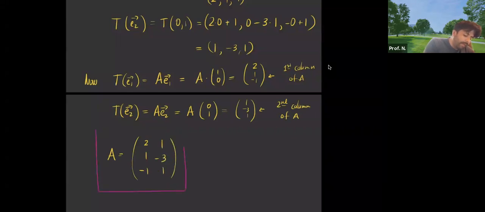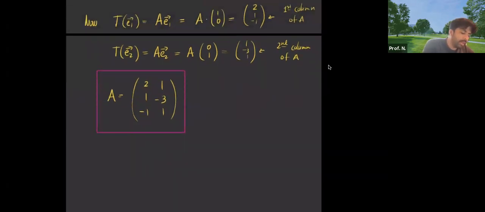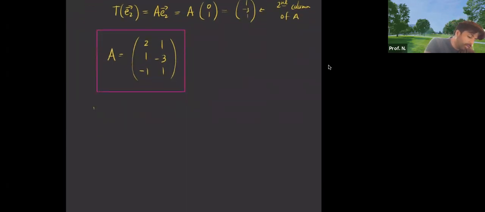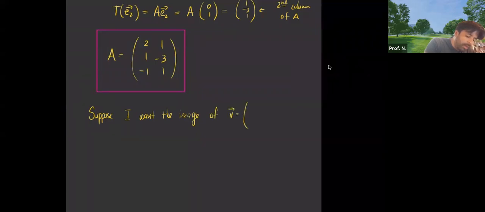Now, what this means is that you can give me any other vector in R2. Suppose I want to find the image of the vector V, which I'm going to call 1, comma 2. Where does 1, comma 2 go under T?